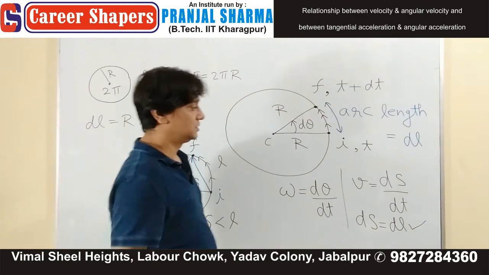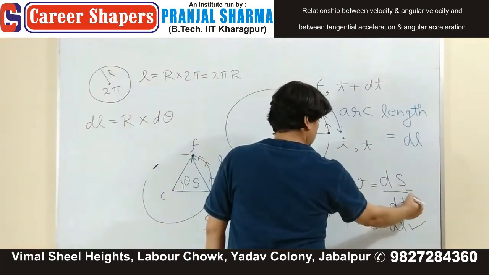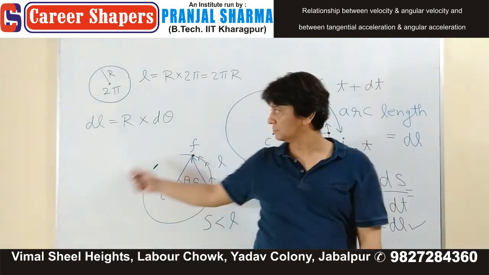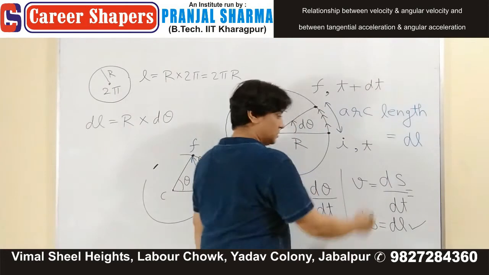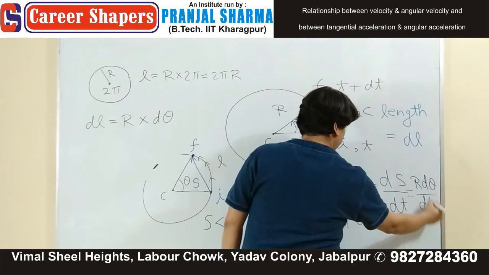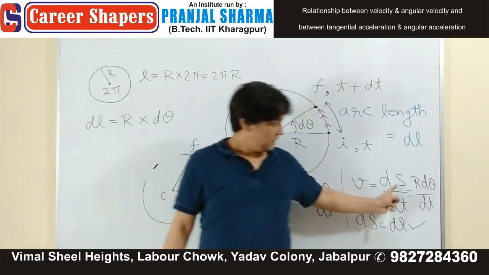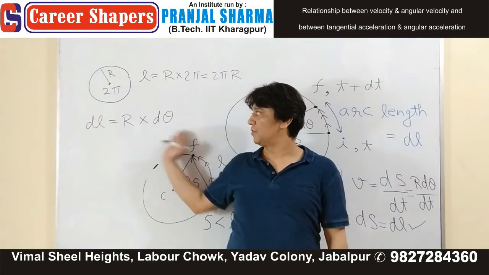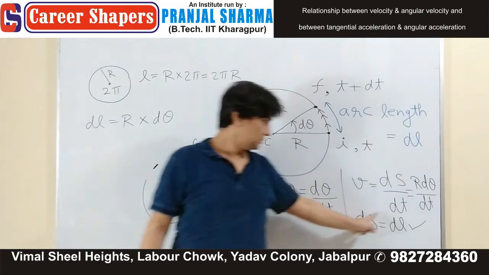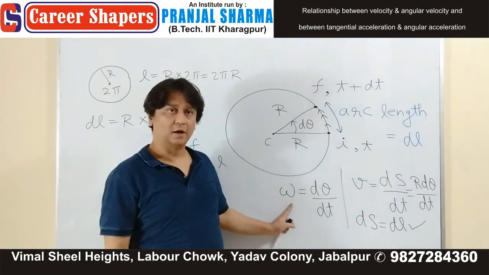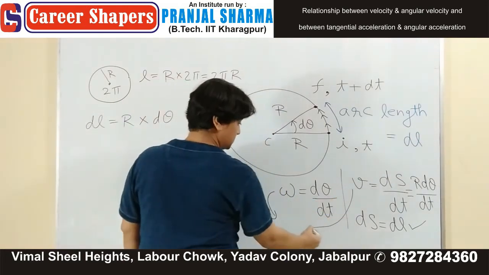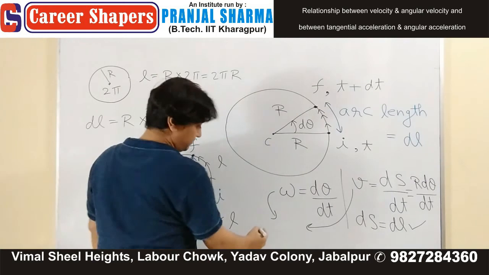Which means, what is ds? dl. And what is dl? So this becomes r into d theta divided by dt. ds becomes dl. dl we have already calculated as r d theta. What is d theta divided by dt? Omega. So with the help of this, we finally arrive at this.